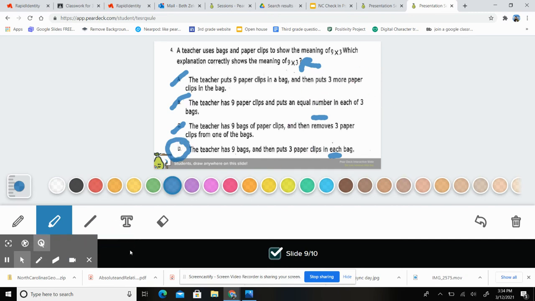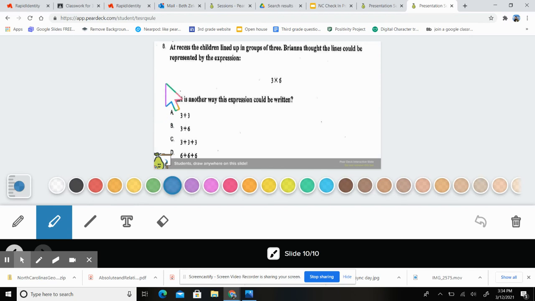Let's take a look at this last one. Oops, sorry about that. My screen is not cooperating. At recess, the children lined up in groups of 3. So here are your groups. Brianna thought the lines could be represented by this expression: 3 groups with 6 children in every single group, or 6 children in each group.